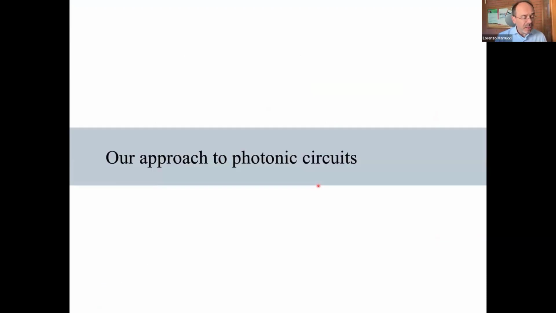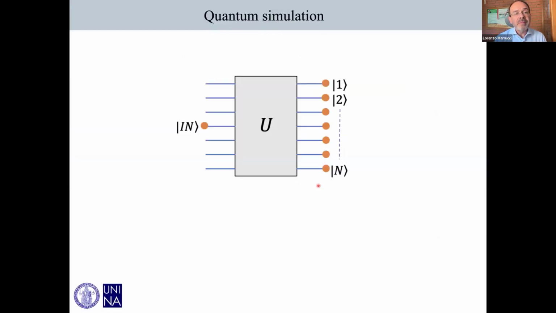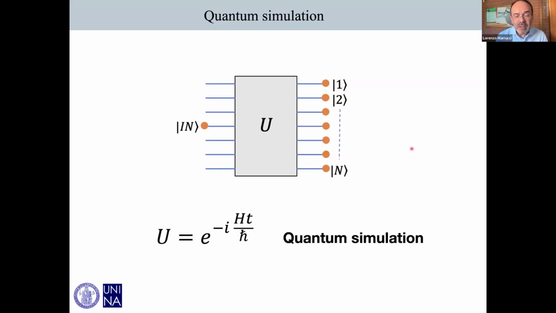So let me discuss in more detail our group's approach to photonic circuits. Once again, the concept is to have a set of input modes, a typically unitary transformation in our case, although more generally it can be an arbitrary matrix, and a set of output modes. We often do experiments in which we start from only one mode or maybe a few neighboring modes, but of course our approach is not limited to that.